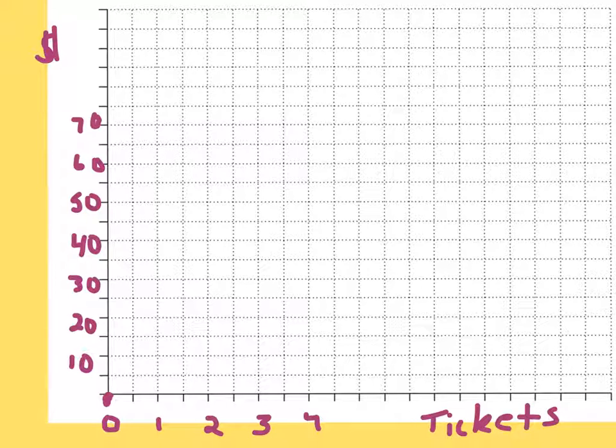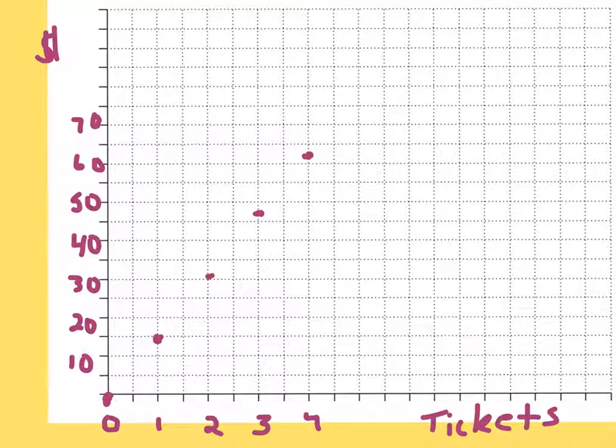When I had 1 ticket, it was $15.95, so I go over to 1 and up to about 15, somewhere in there. 2 was $31.90, so go over to 2, up to about 31. 3 should be $47.85, so close to here, not quite 50, a little bit more than 45. And then 4 should be $63.80, so 63 should be right here.